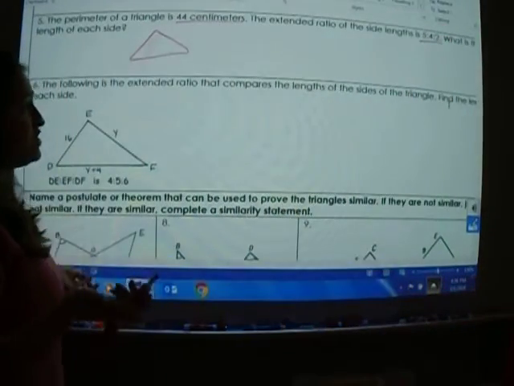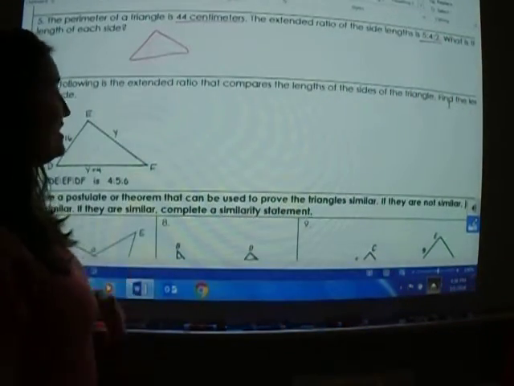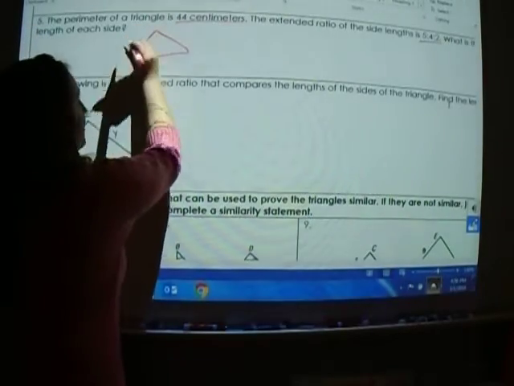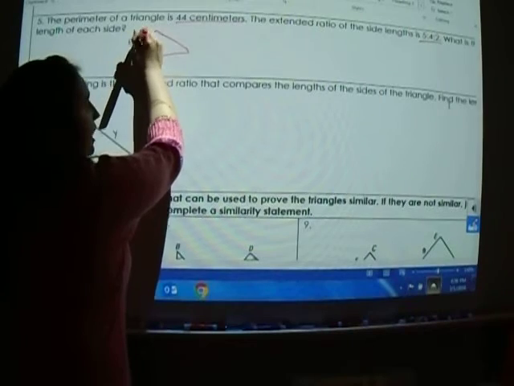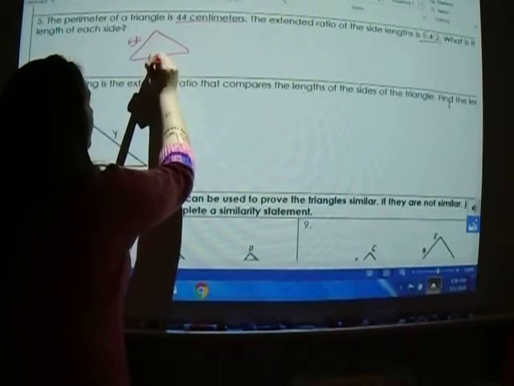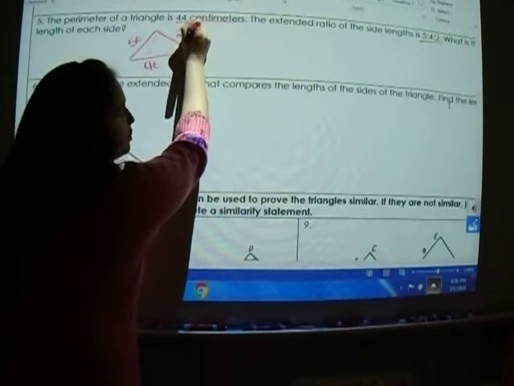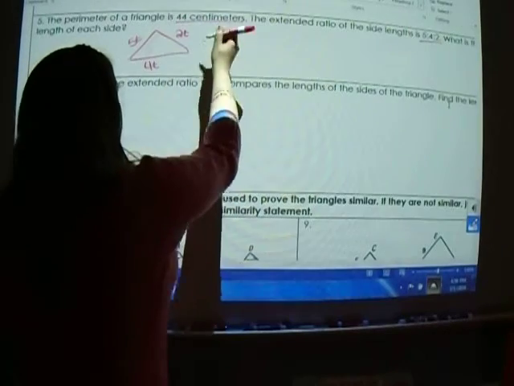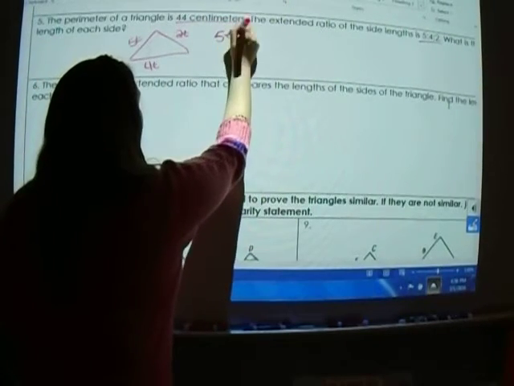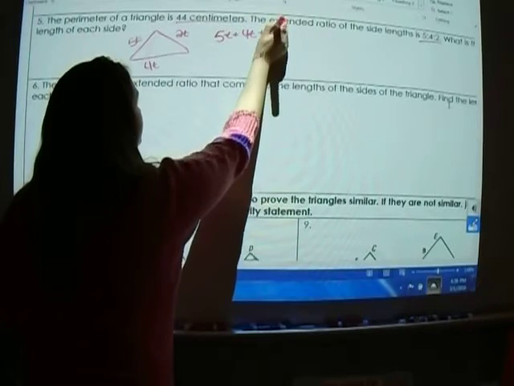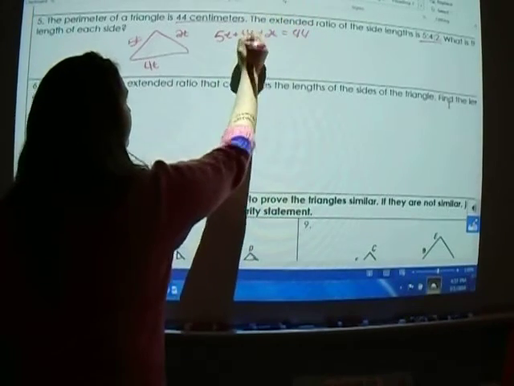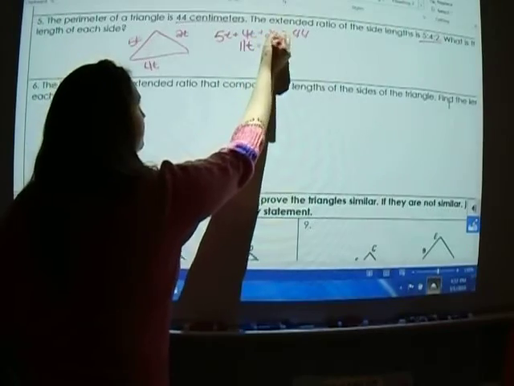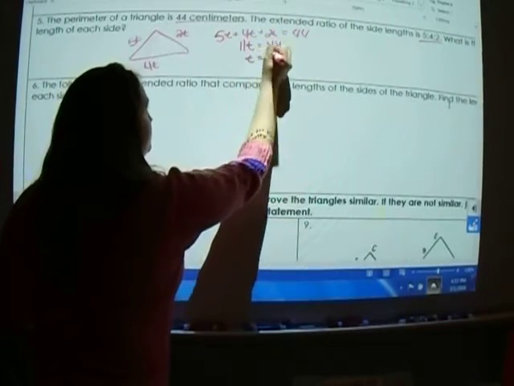What is the length of each side? Let's use a dummy variable t since it's a triangle. It doesn't matter which side you mark it, I'm just drawing it. So we have 5t, 4t, and 2t, right? So we end up with 5t plus 4t plus 2t equals 44. That's 11t equals 44. So t equals 4.